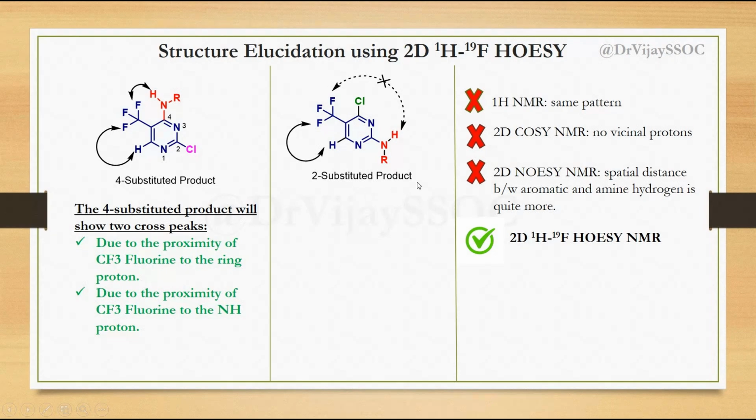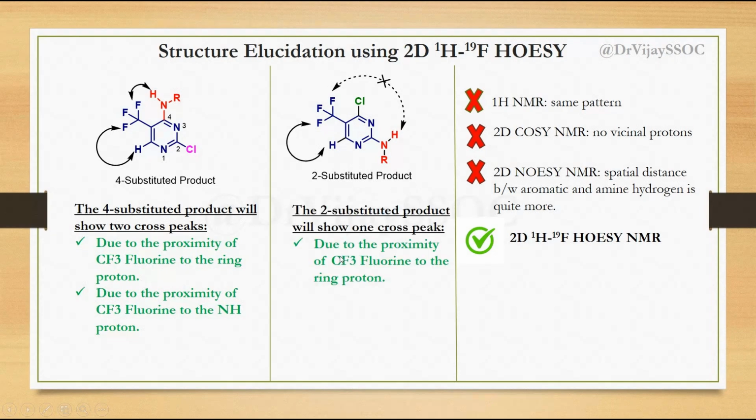But if you have the 2-substituted product, then you will see only the interaction of the CF3 fluorine with the ring proton. Due to the long distance, you will not see the interaction of this amine proton with the CF3, and hence you will not see any other cross peak. So this way you can differentiate the 4-substituted product from the 2-substituted product.